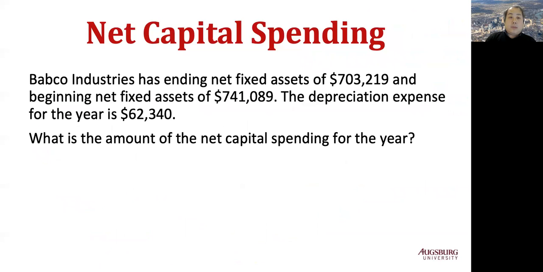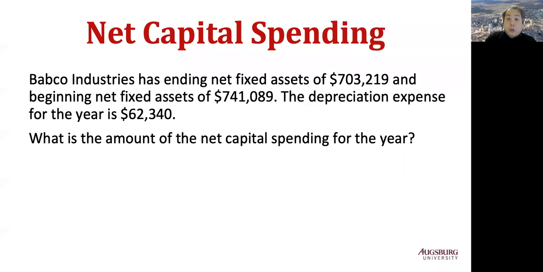Let's look at an example of net capital spending. Babcock Industries has ending net fixed asset of $703,219 and beginning net fixed assets of $741,089. The depreciation expense for the year is $62,340. What is the amount of net capital spending for the year?